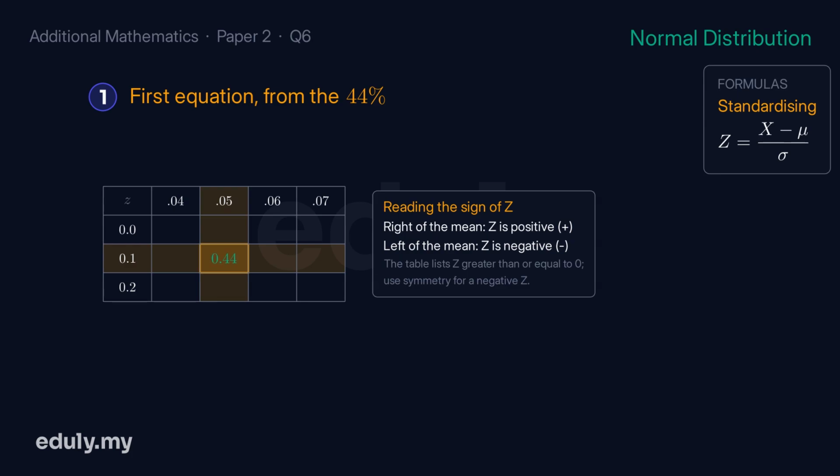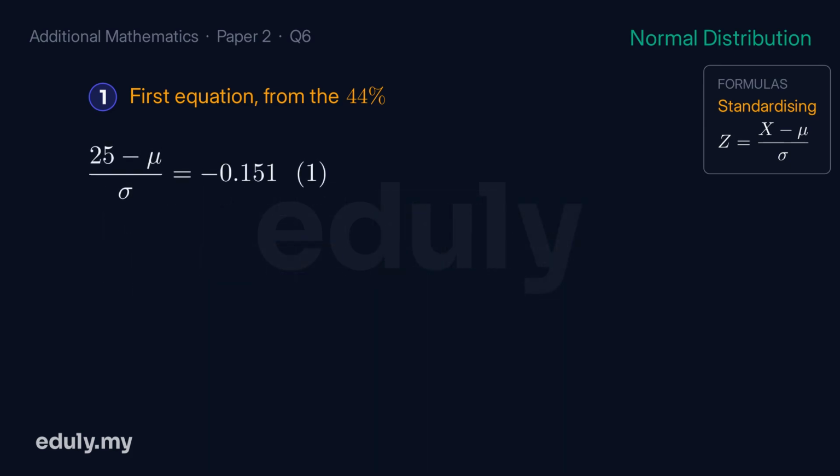But our point is on the left, so the table only gives the size. The sign is negative. That is why the z-score comes out as negative 0.151. That gives our first equation. Call it equation 1.